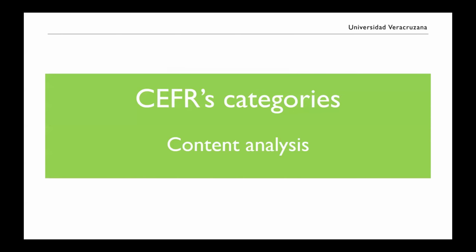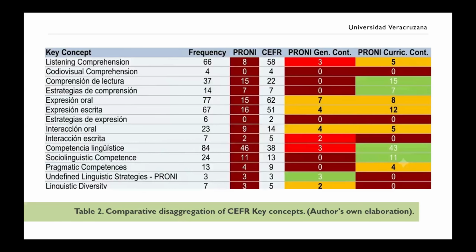Now, from the content analysis, just as a brief summary, you can observe that in the curricular content, we have a larger number of mentions of all the European framework principles.